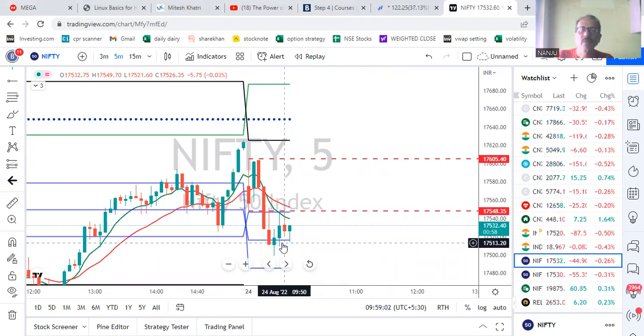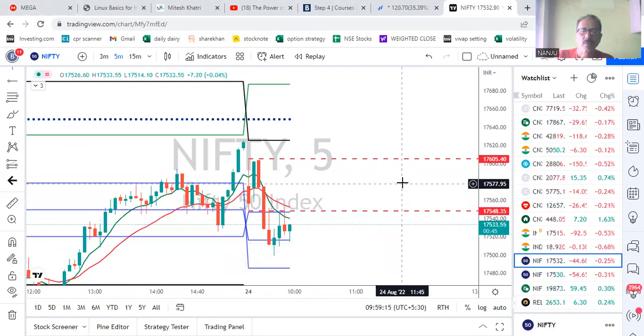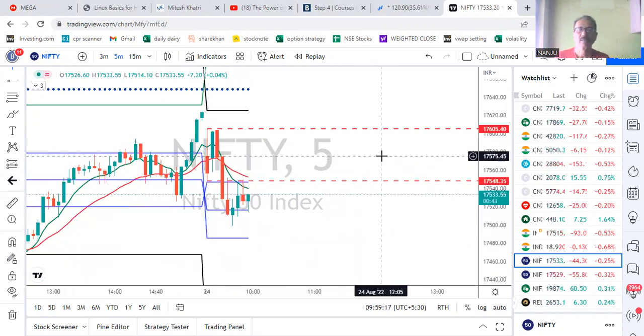So it's not worth. And at 9:45, it's the same 30 points. It's almost 37 points. So the first criteria to trade is the range of the Nifty candle on a 5 minutes time frame should be below 20.